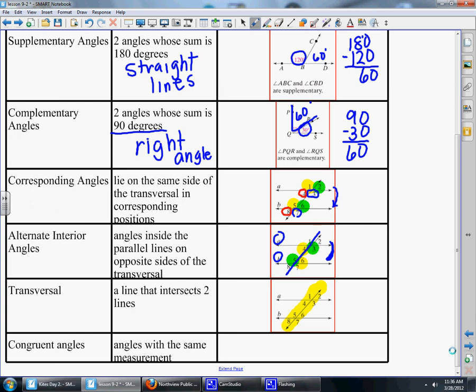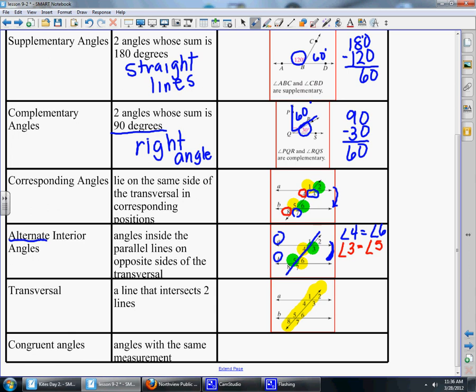And they're on opposite sides. Alternate means opposite. So 4 and 6 are alternate interior angles and they're going to be equal. So angle 4 is equal to angle 6. Just the same as 3 and 5 are also equal. So angle 3 is equal to angle 5.